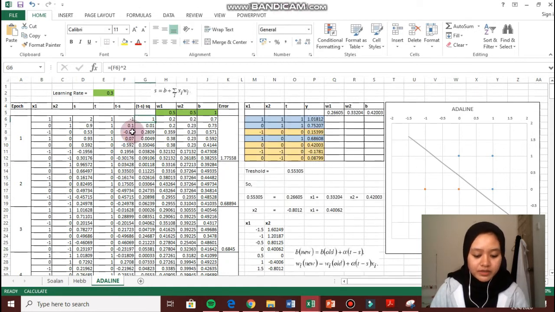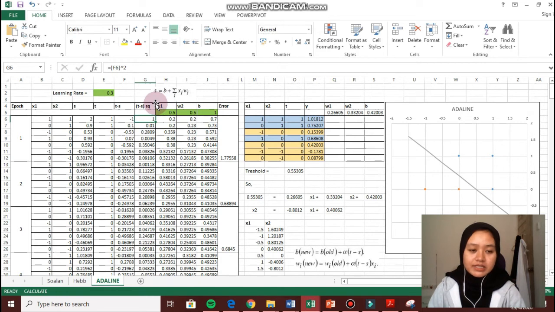The first step in solving this problem is that we need to initialize the weights, and we also have to set the learning rate. For this solution, we set the learning rate as 0.3. We can get the values of x1, x2, and t from the question.